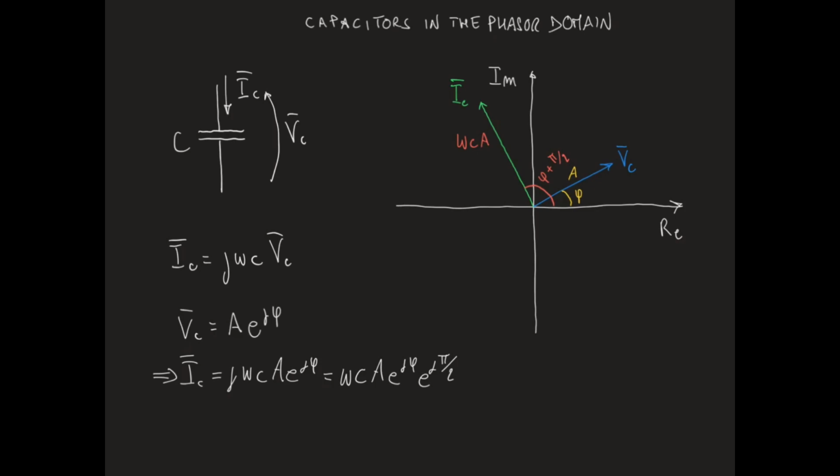In general, in a capacitor, the voltage phasor is always lagging behind the current phasor by a phase pi by 2. Or, changing the point of view, we can say that the current phasor leads the voltage phasor by the same phase.